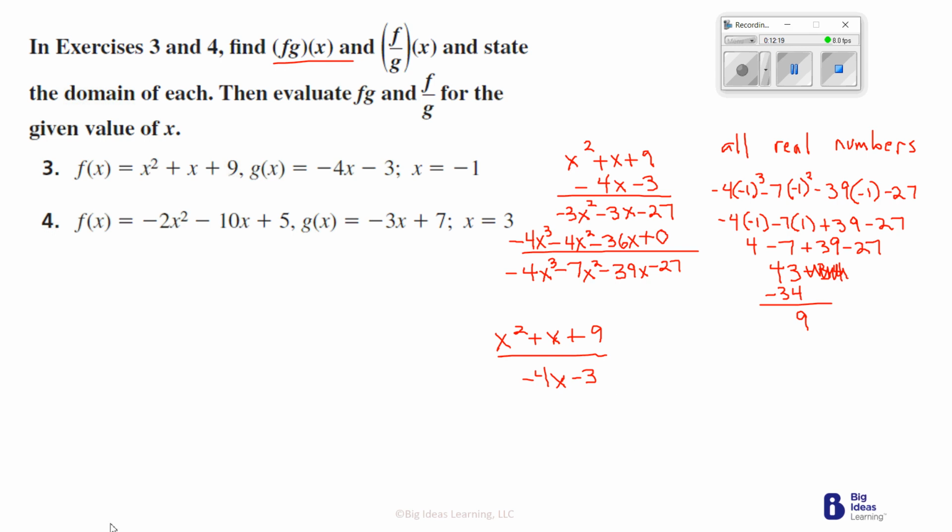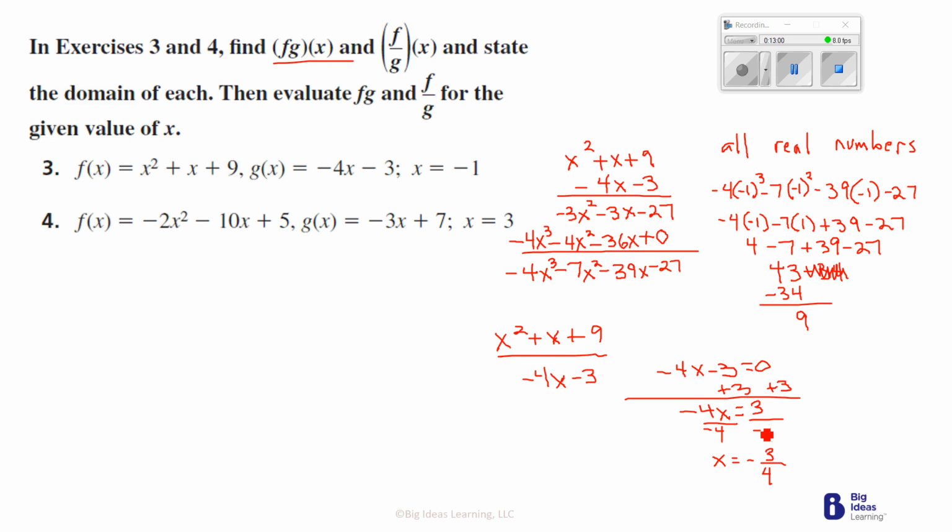So that means we're going to be taking this negative 4x minus 3, putting it to 0. To solve this, we'll have to add 3 to both sides. That's going to give me a negative 4x equals 3. And we got to divide by negative 4. We get x by itself, and that means x will be equal to negative 3 over 4.